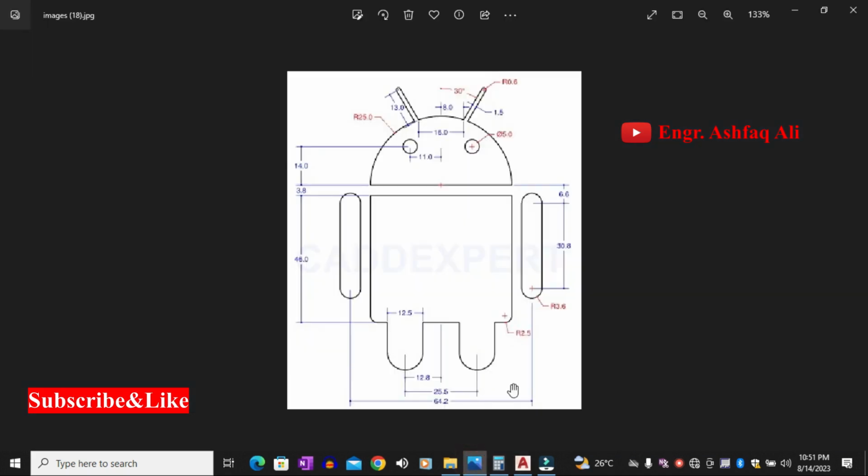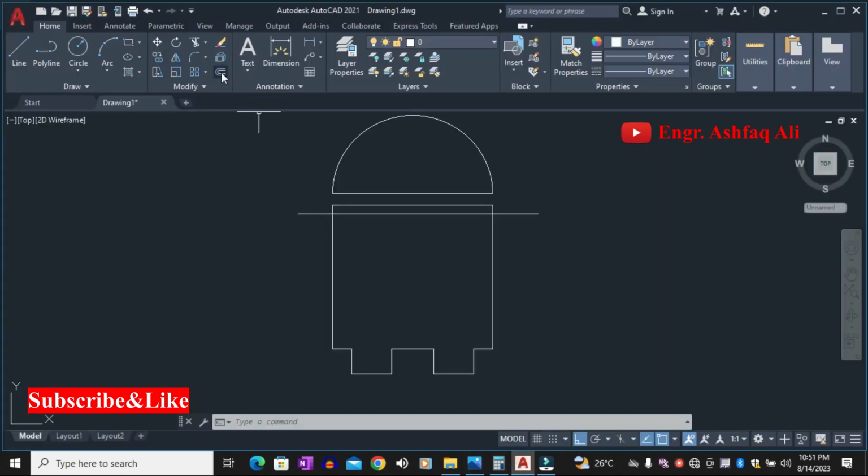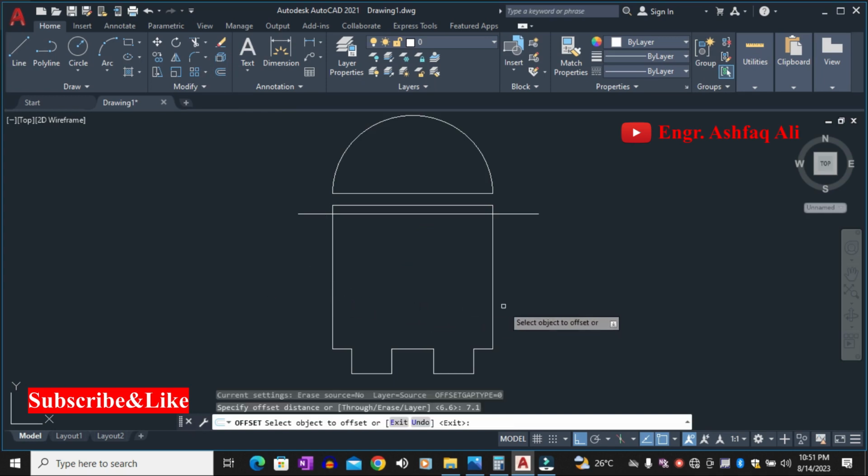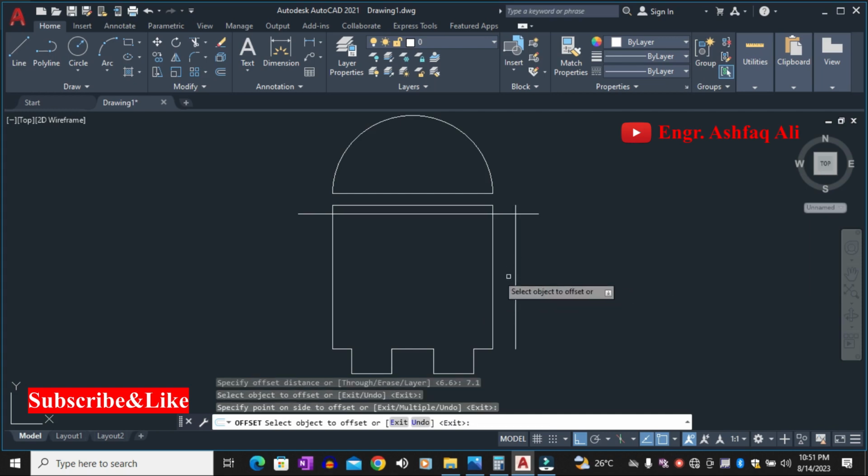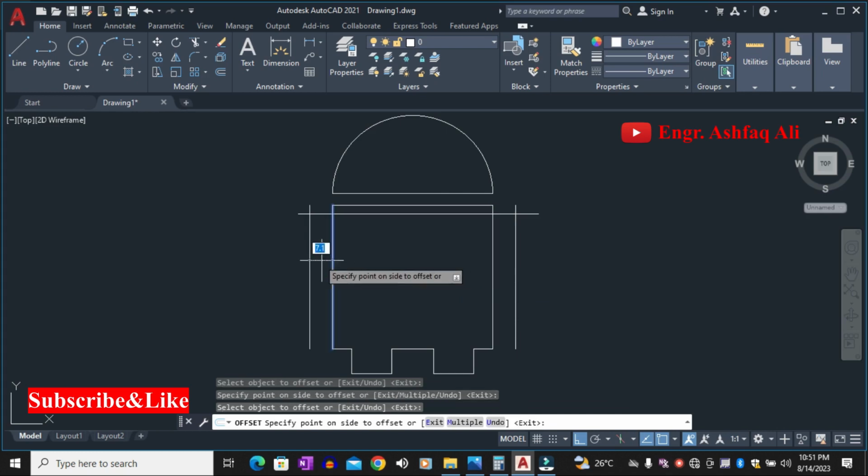I will subtract it, so it will be 14.2 divided by 2, so it comes to 7.1. So I will offset this line 7.1 to the right and the left. So these will be my specific points. So I have offset 7.1 on the right, 7.1 on the left.